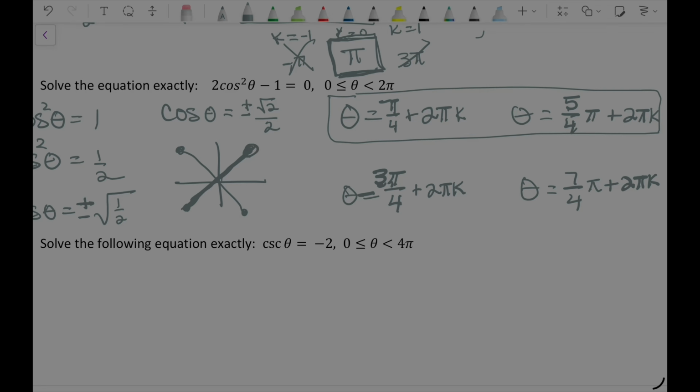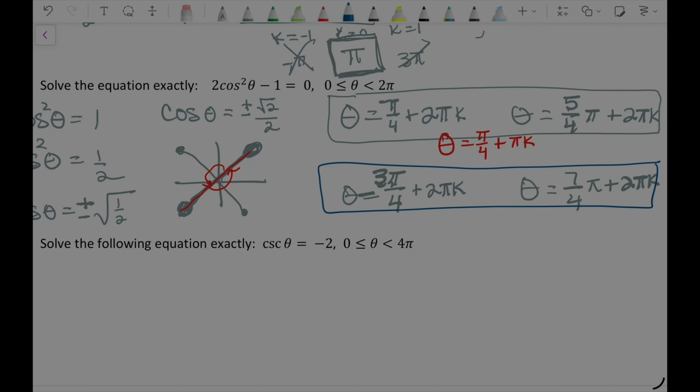Since they're across from each other, though, I could say collectively pi over 4 plus 1 pi k, because it's a half cycle later. So they could be combined into a single one. Likewise, these two are half a cycle across from each other.